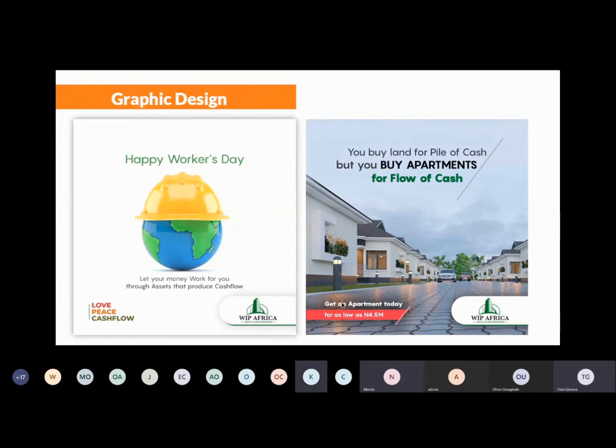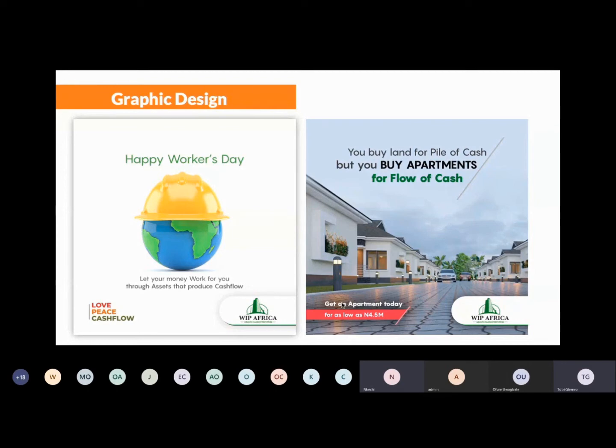The red shape in the for as low as 4.5 million, I made it red so that people can understand that that's the price of the product. It is supposed to drive people's attention to that point, right? Now, for the workers' day, workers' day is important. That is why I made it green, right? Can you see let your money work for you?